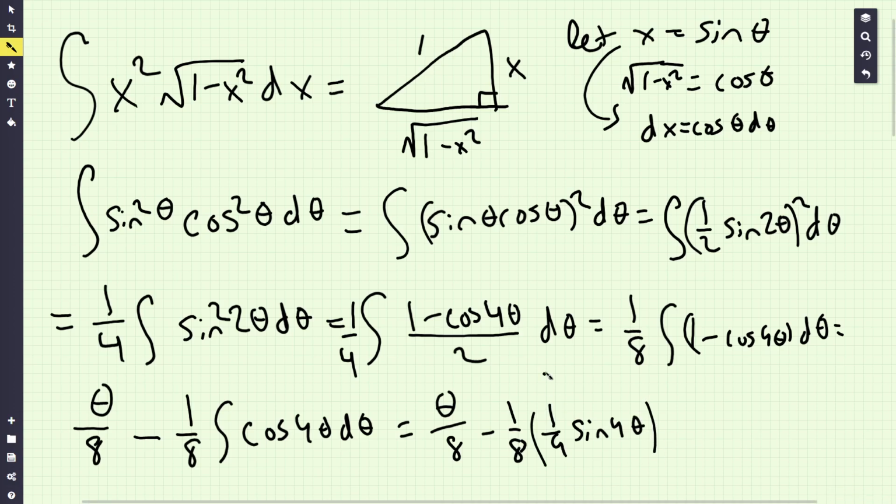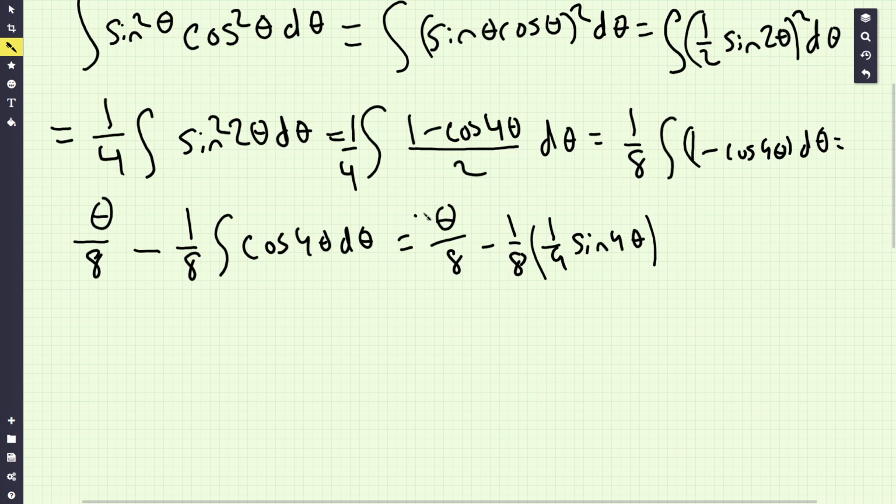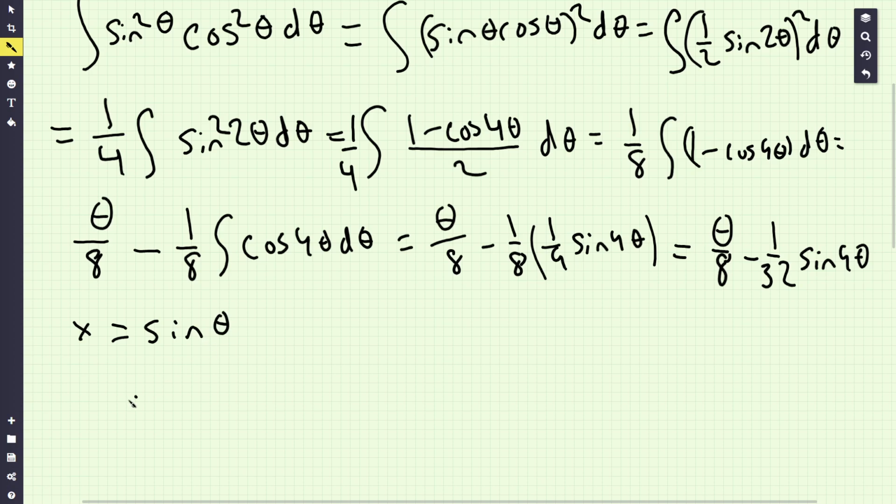But now the hard part is we have to convert this back to x. So we'll simplify this a little further first: theta over 8 minus 1 over 32 sine 4 theta. So remember, x equals sine theta. So theta is logically inverse sine of x.